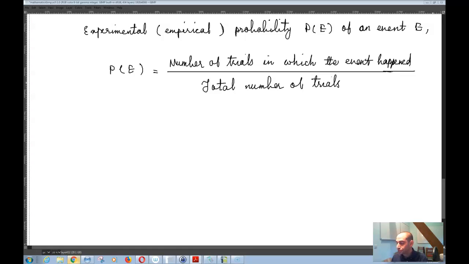So what we have here is that it's not possible to repeat every experiment to get more and more trials in order to calculate the empirical probability of the event happening.